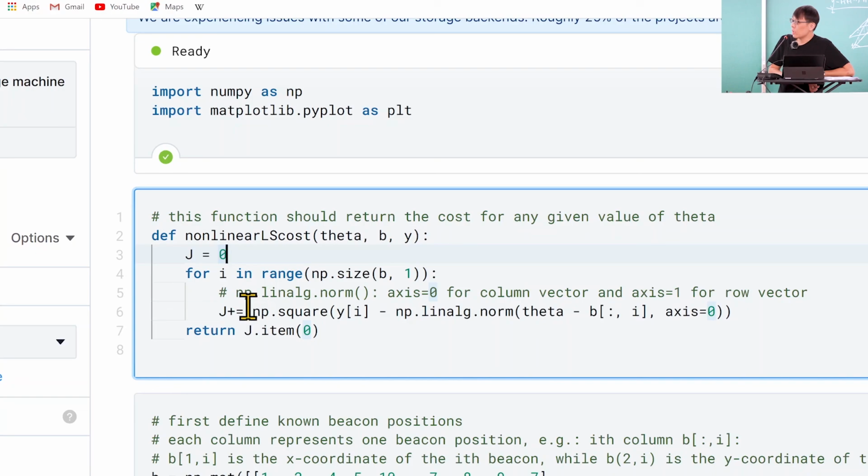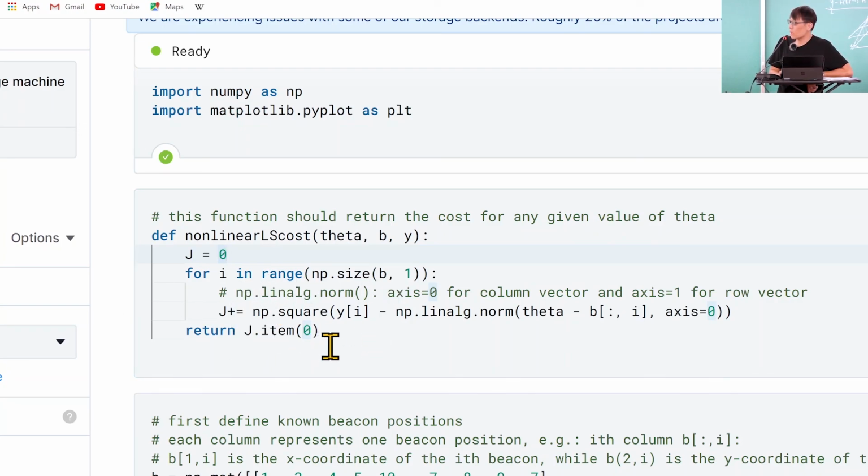So yi minus the norm between theta and the current beacon's location B. The norm is the true distance, and yi is the measured distance. Their discrepancy is the error. You take a square, that's the error. You add it to the total cost, and sum over all of them, okay?